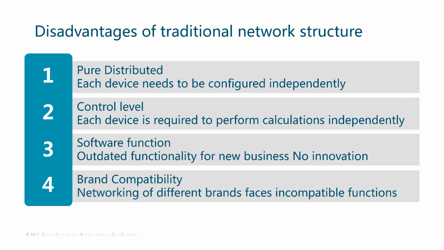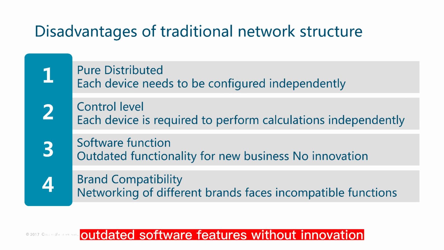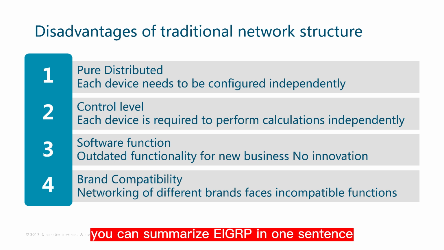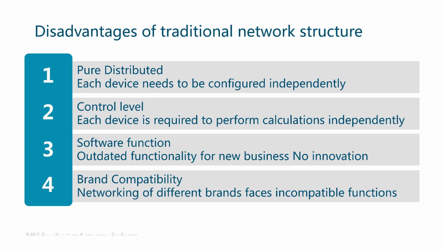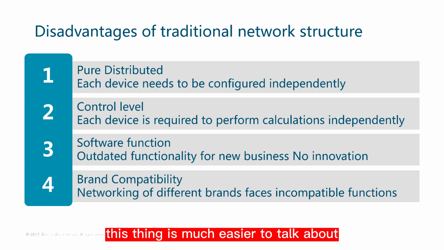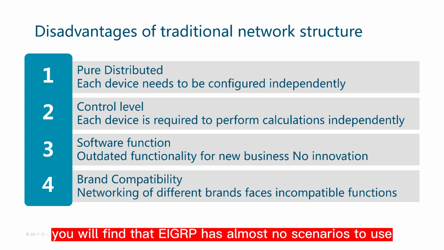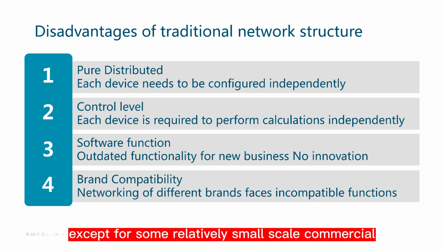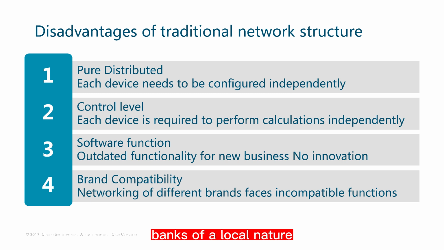Let's go on. Outdated software features without innovation. Multi-brand incompatible. Actually, you can summarize EIGRP in one sentence. For Cisco, this thing is much easier to talk about. You will find that EIGRP has almost no scenarios to use now, except for some relatively small-scale commercial banks of a local nature.